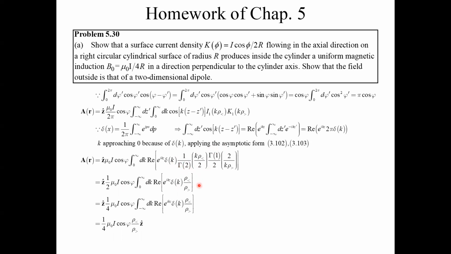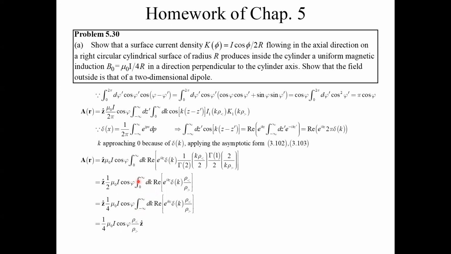So finally, we sort our integration like this, and because here we have a delta k, and the shape of the integral is the same, we double the integration domain.